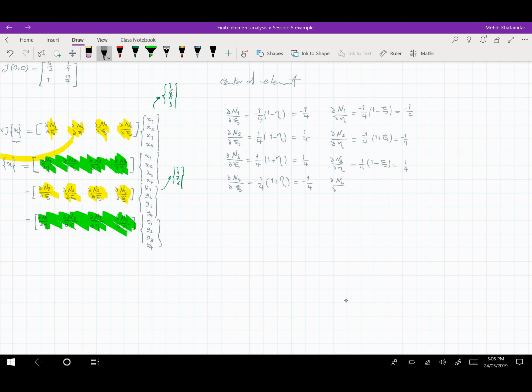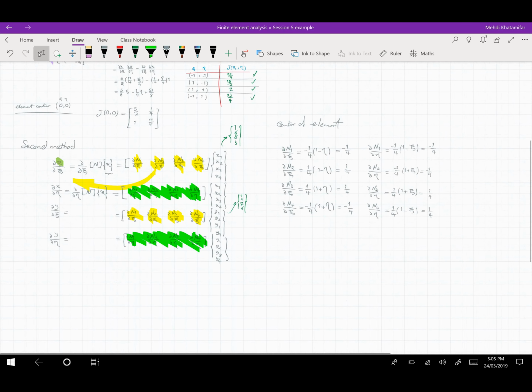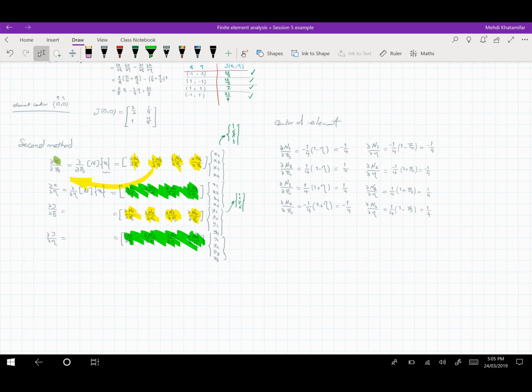And n4 is 1 over 4 times 1 minus psi, again positive 1 over 4. Okay, now I found all the derivatives we needed inside this n matrix.